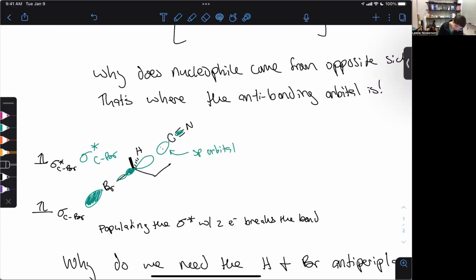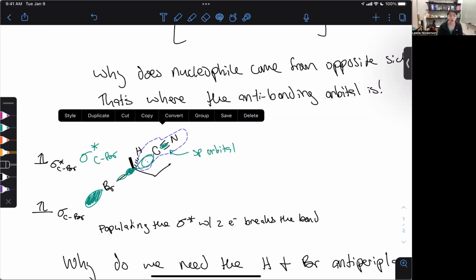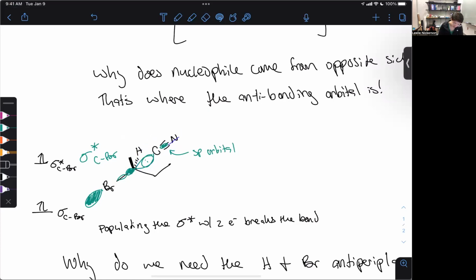So as this comes in and overlaps with that antibonding orbital, and we put those 2 electrons into the antibonding orbital, that's going to break that carbon-bromine bond, and then we're going to form a new carbon-carbon bond with this orbital and the sp orbital, okay?